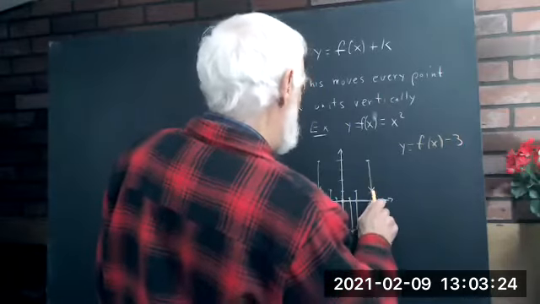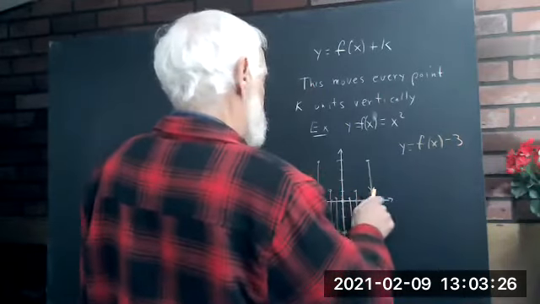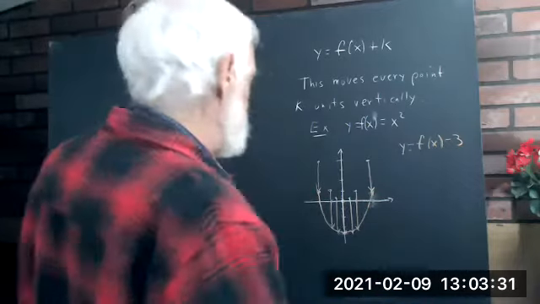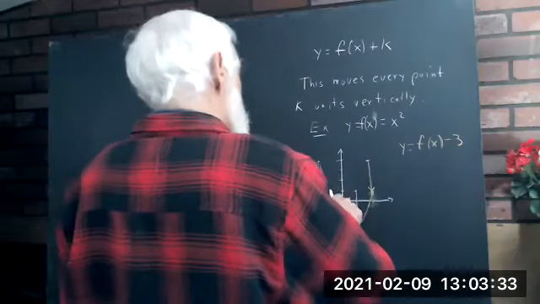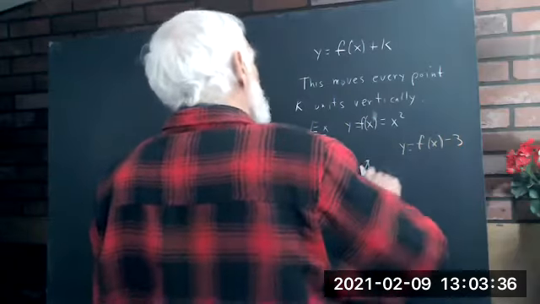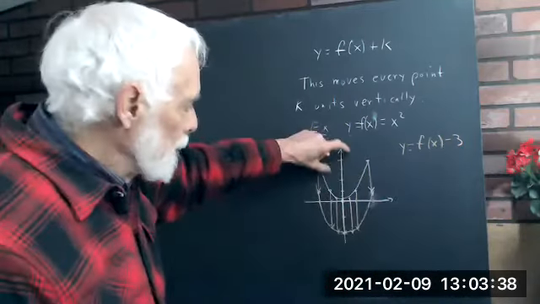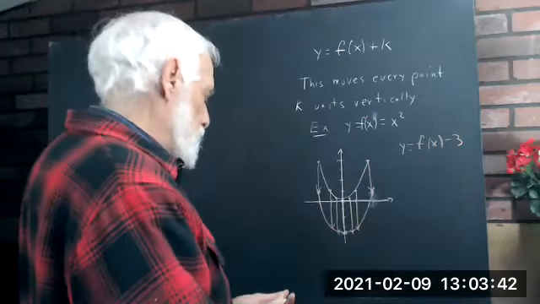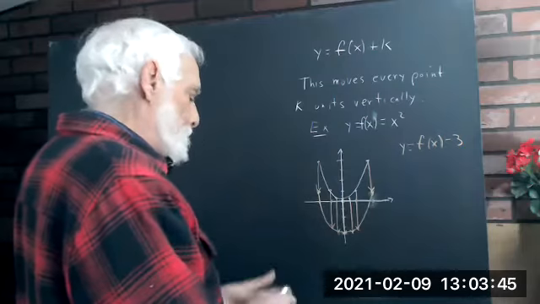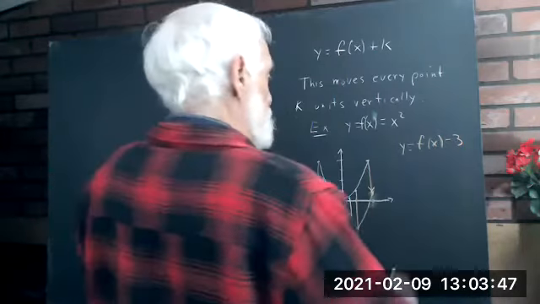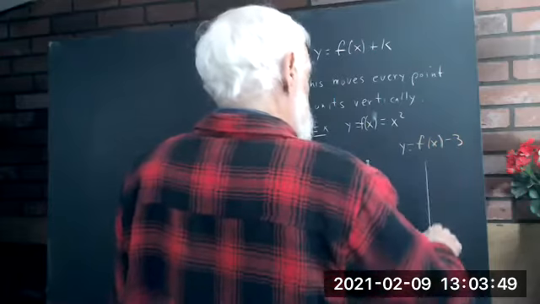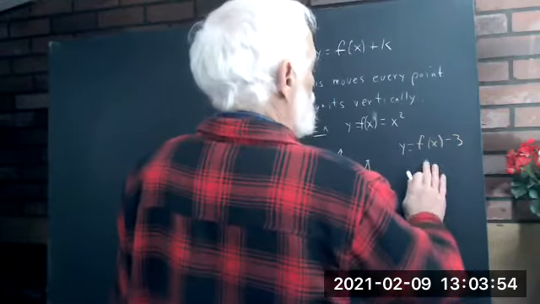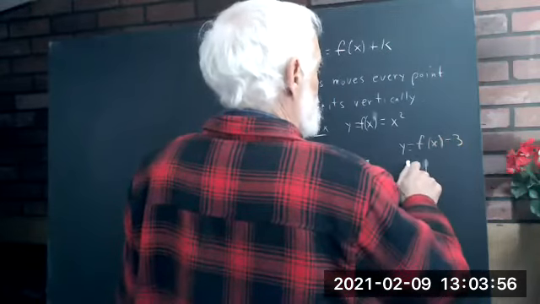So now I can sketch this graph. And of course, it's just this graph moved down. Well, if I make a table, you don't need an arrow on that.